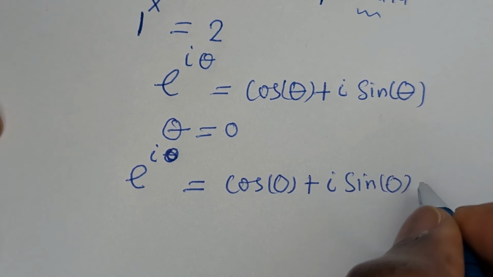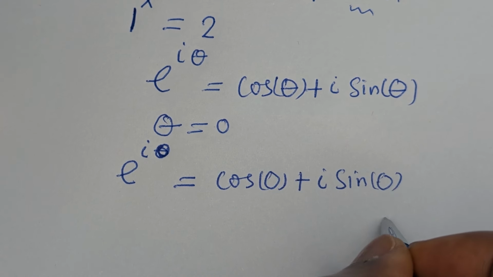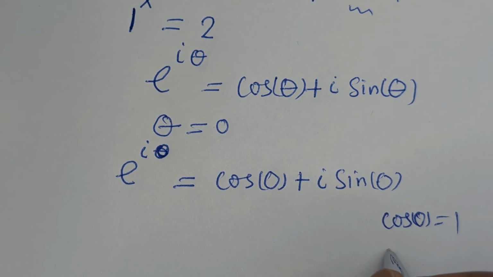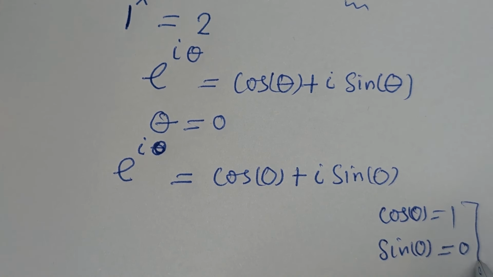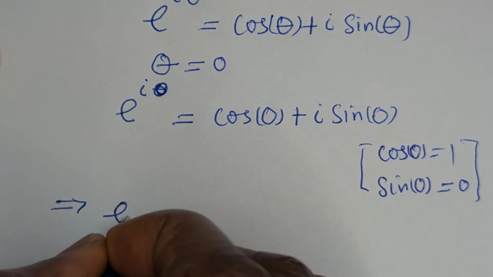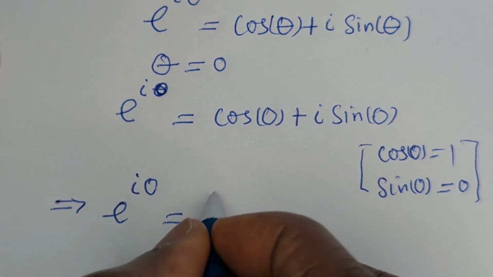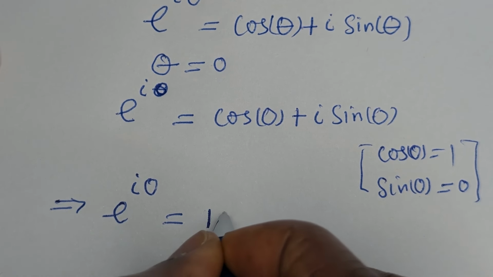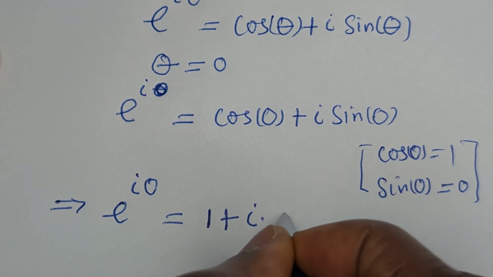Now, at this point, cos 0 is equal to 1, sin 0 is equal to 0. Then here we have e to the power i0 is equal to cos 0, that is 1, plus i sin 0, that is 0.